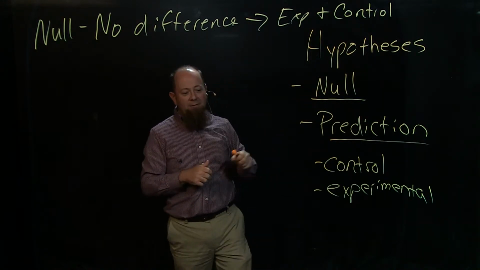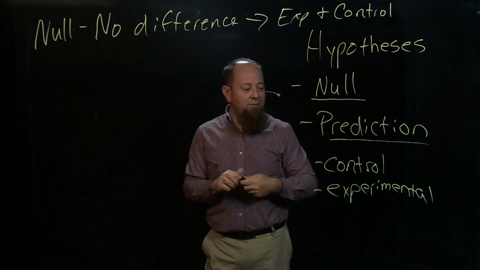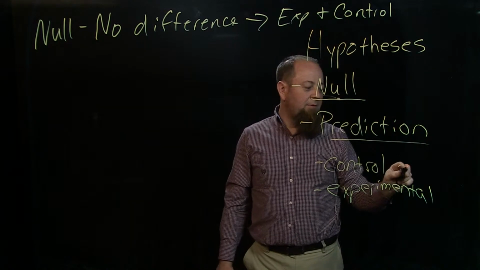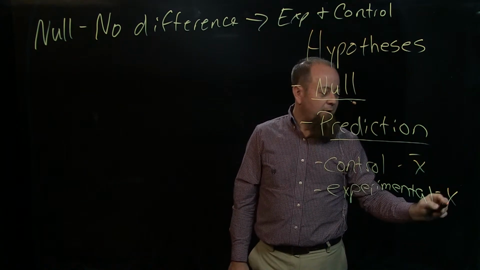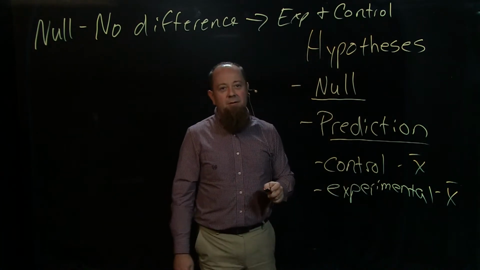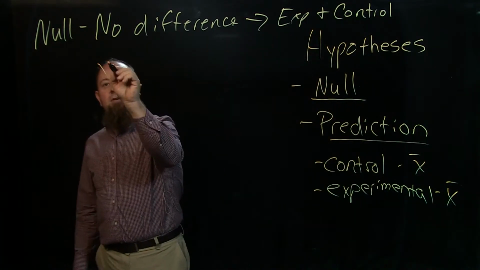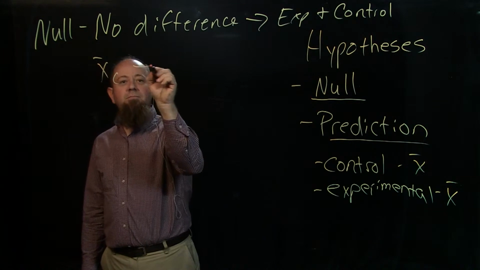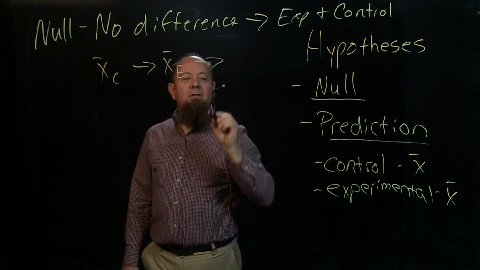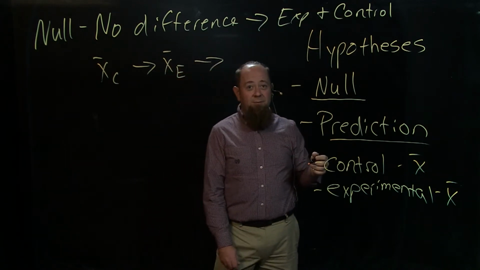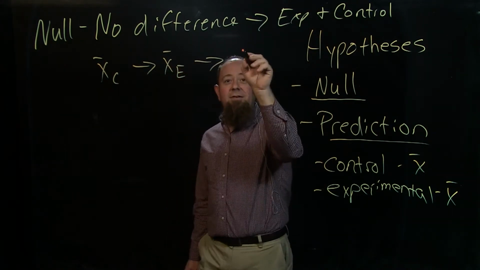What happens is you get your data from your control group, and you're probably going to look at a mean growth in the control group and a mean growth in the experimental group. If you're looking at the mean of the control versus the mean of the experimental, the result that you're looking for is statistical significance.